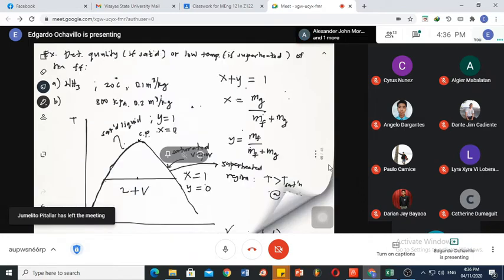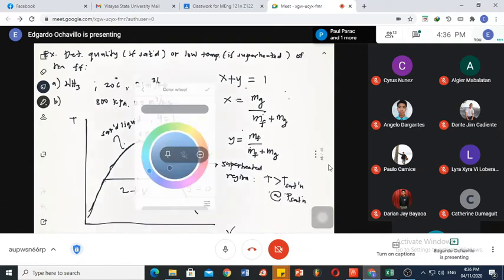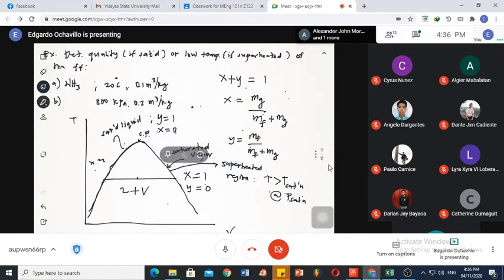So x is equal to 0 here, and x equals to 1 here. So 0.67, somewhere here. Okay, so this is still a mixture of liquid and vapor that is saturated. This is our point here.